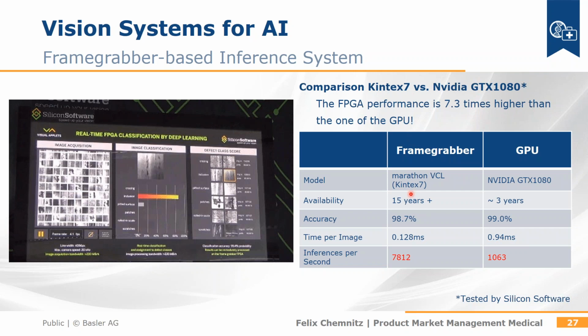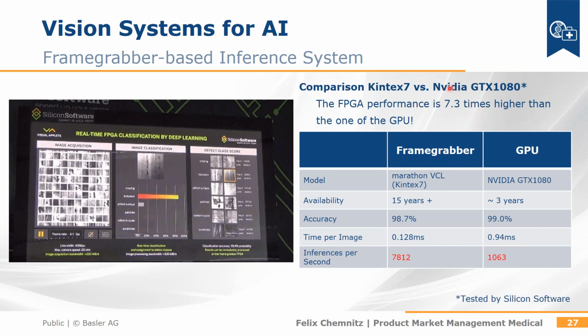the market. And what's really important and what I wanted to point out in this slide is that the high-end GPU is able to perform 1063 inferences per second. So 1063 of these images are processed in this inference, but the frame grabber gives you the ability to provide you with 7,812 inferences per second.